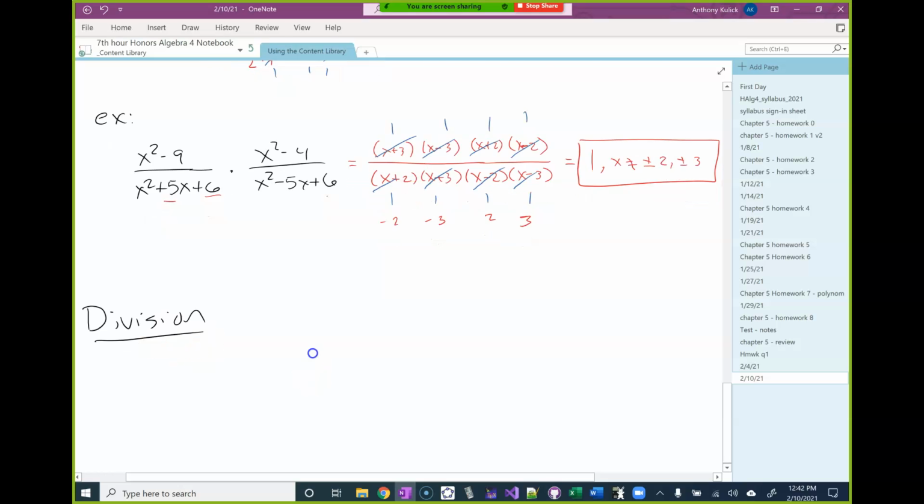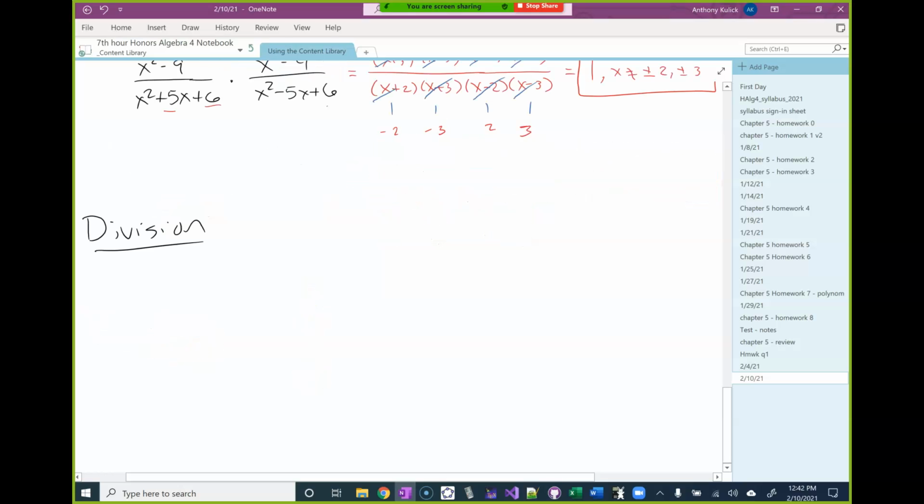All right. Well, let's go to division then, if we feel okay about multiplication. Guess what? It's going to be just like dividing fractions. Shocking! Does anybody remember how we divide fractions?